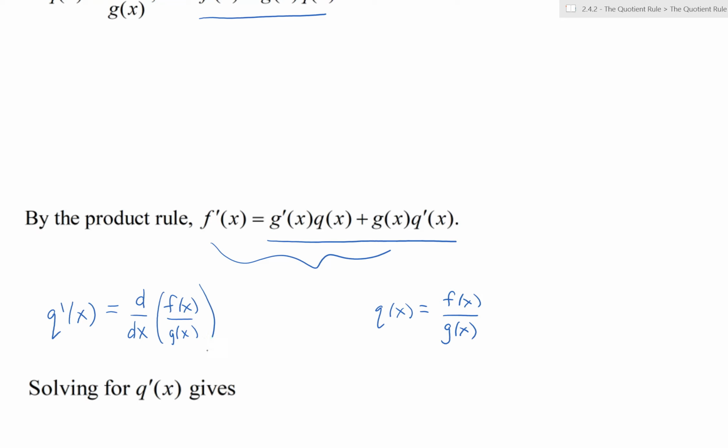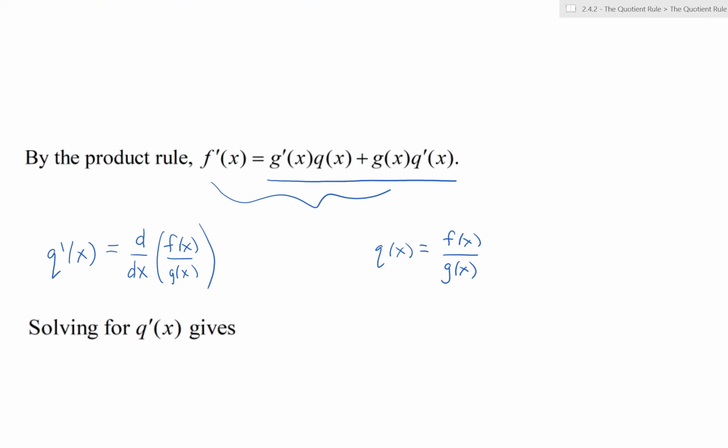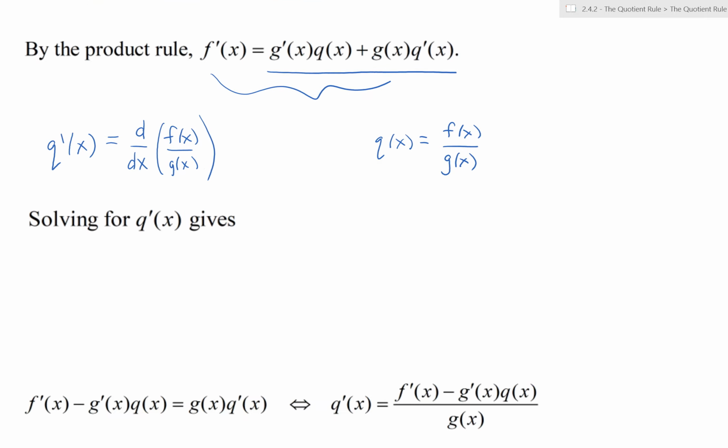So let's see what we get if we algebraically manipulate that equation right above and solve for q prime. So what do we get? Well, first, if I subtract g prime of x times q of x, look at my statement right up here, right?